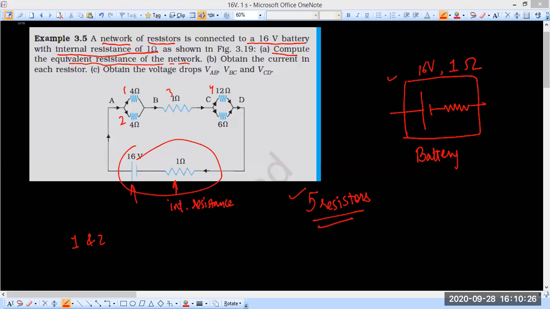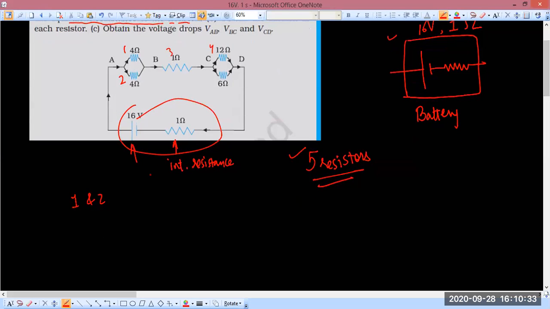So their equivalent resistance will be 4 and 4 ohm in parallel. How much will that be? 2 ohm. Well done, people. 2 ohm, 2 ohm. So we have 2 ohm here, 1 ohm here.